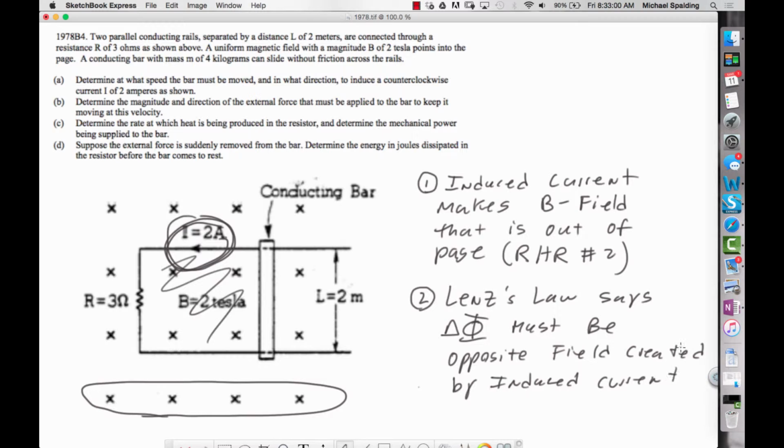Maybe this wasn't a good idea to write this out. So, if the induced current makes a magnetic field that is out of the page, which way must the change of flux be? Into the page.